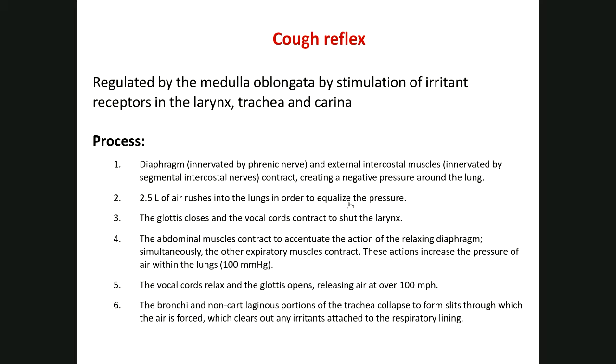At the same time, the abdominal muscles, the expiratory muscles, will contract, and suddenly all of this will increase the pressure very high inside the chest, and then the vocal cords will open. When they open, the air moves with a very fast speed, around 100 miles per hour, and this high speed will push out all the irritants from the respiratory system to the outside.